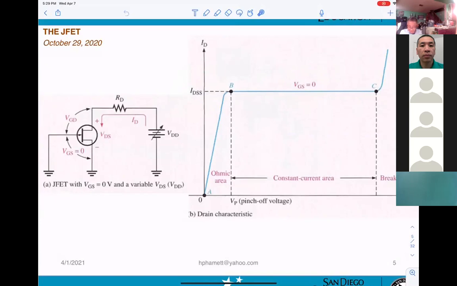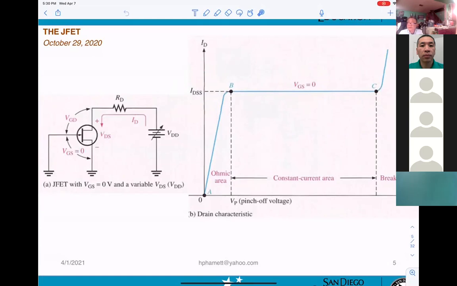Okay. And when VDS goes up to a certain point, there will be a breakdown area. So we do not deal with this area here, because that will be burning the device.